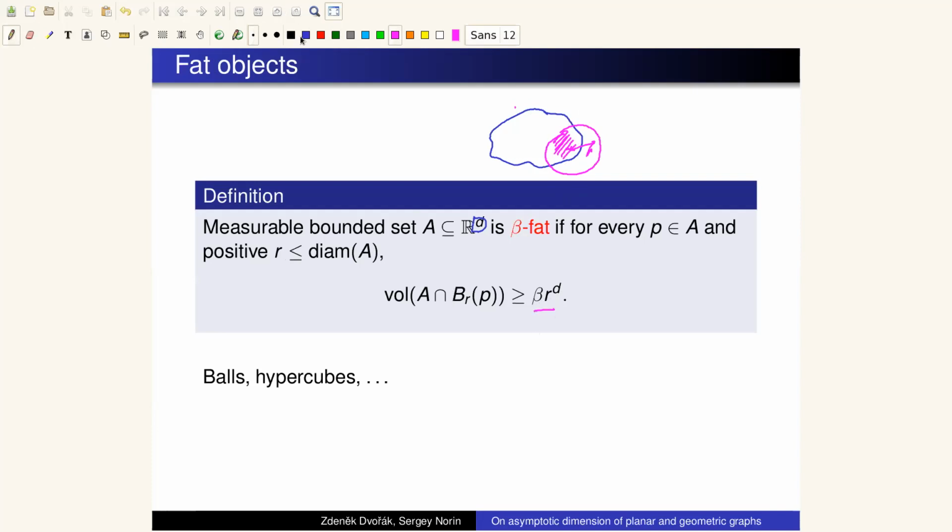So this forbids things like extremely long and thin objects, where although we live in 2-dimensional space, this volume here behaves 1-dimensionally. Examples of things which have this property are balls and hypercubes and things like that.